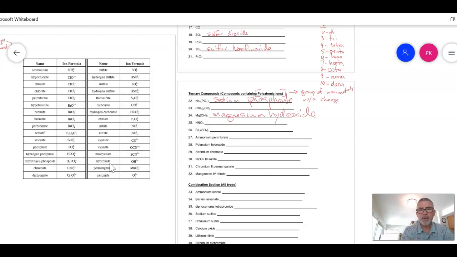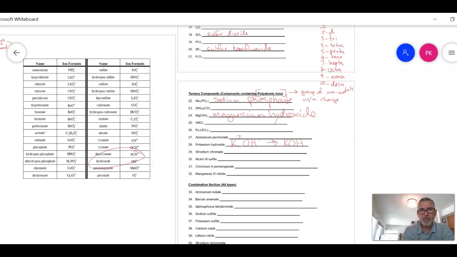Now, if I was going to make my formulas, potassium hydroxide, I do the same way. Potassium I know is K. Then hydroxide, remember I found right here. That's OH. And that OH has a negative charge, and potassium has a positive charge in the periodic table. So since my charges cancel out, it would just be KOH.